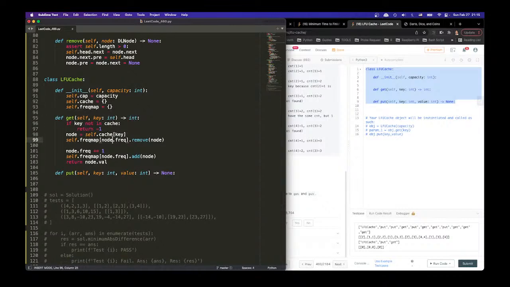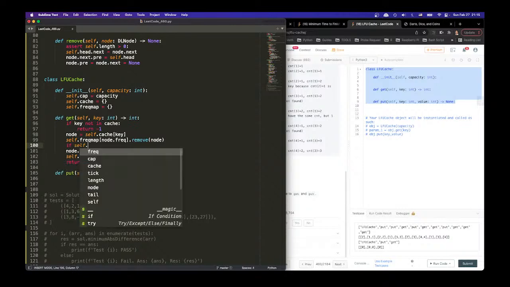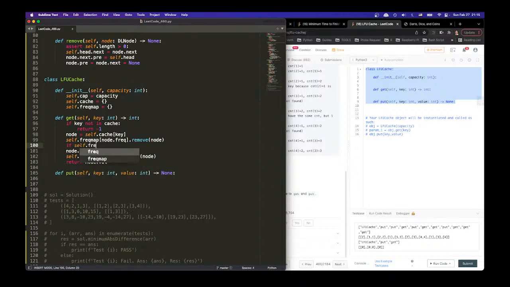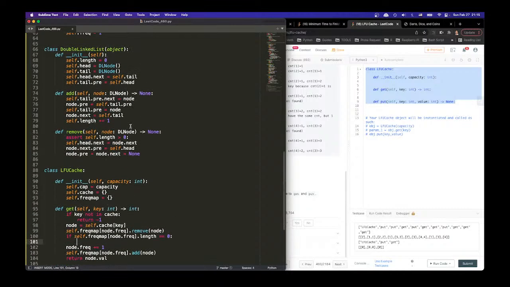But we do have to remove. Right, notice this. Remove. We say if self.frequency_map.frequency.length is equal to 0, right? If the length is 0.